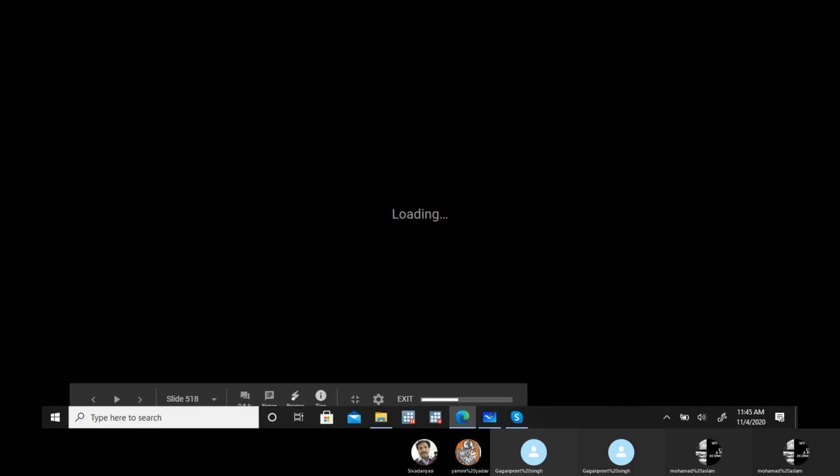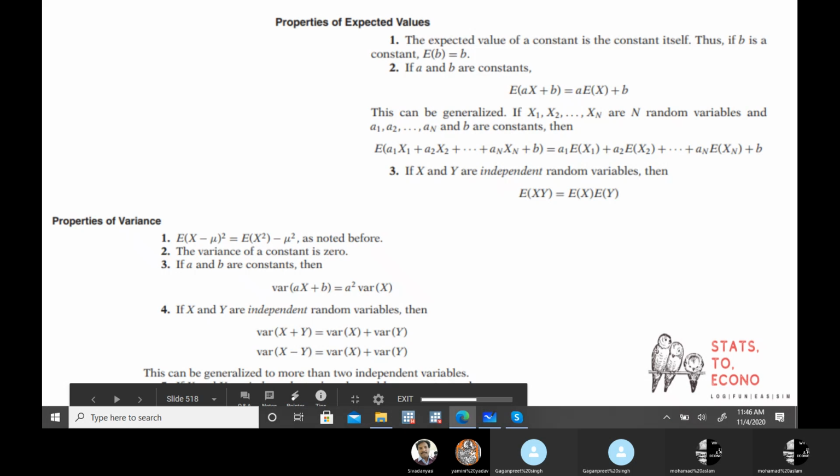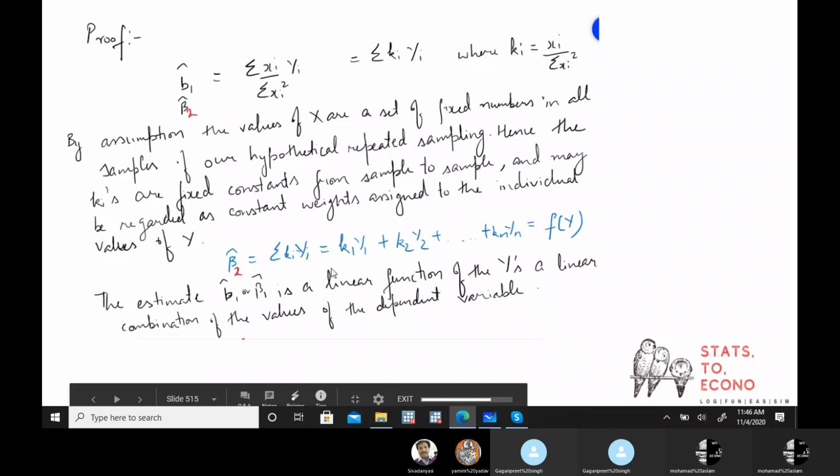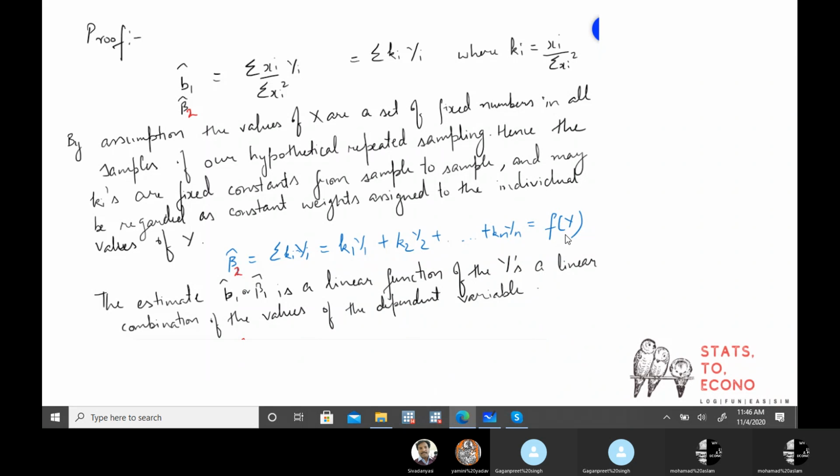So it is a summation of all the ki yi values, and out of that ki is fixed.